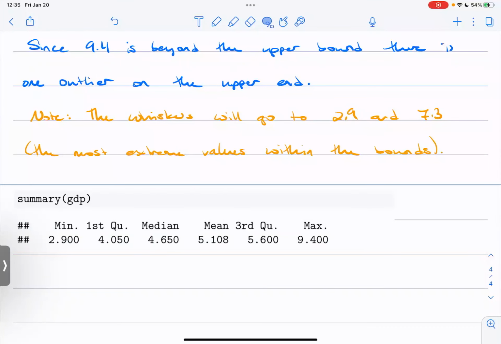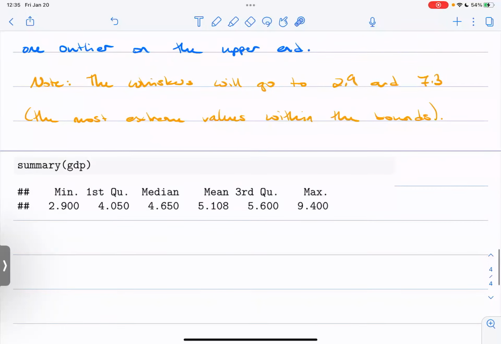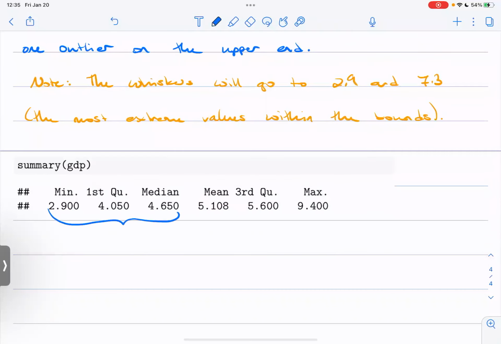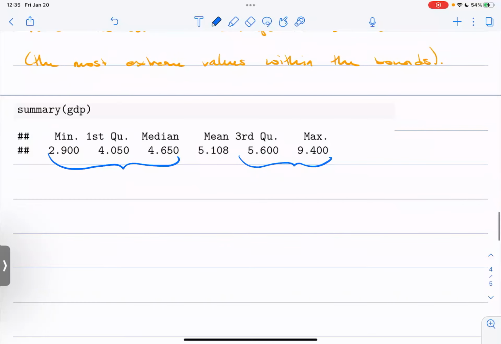And so here I've applied the summary command to the GDP data that we've been working with. One thing to mention is that the summary command is just the 5-number summary with the mean as well. And I'll tell you why the mean is included. But here, this is the 5-number summary.